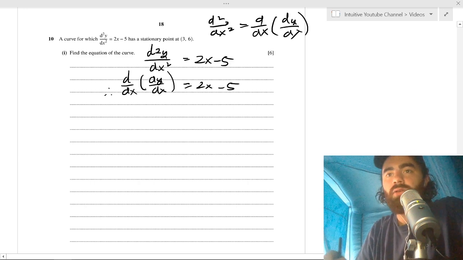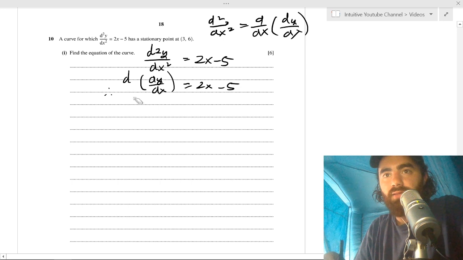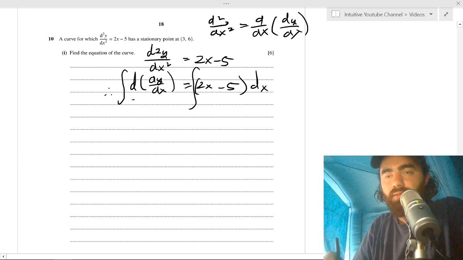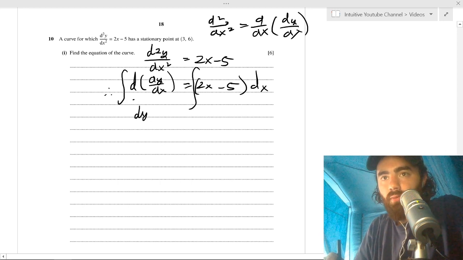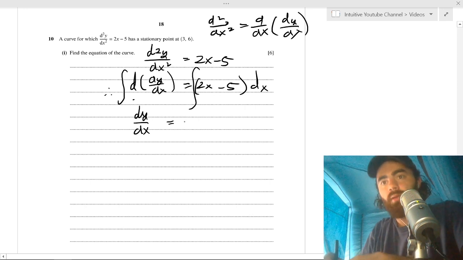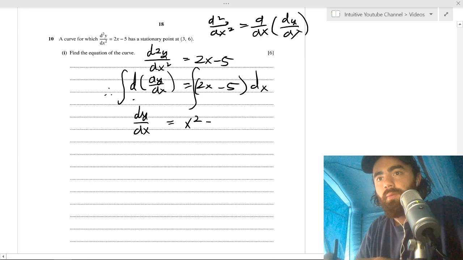So now we're going to integrate both sides. We can take this over if we want, and then we integrate both sides to give us dy by dx equals, we go 2x, go up by a power, down the power, it's going to give us x squared minus 5x plus some constant.